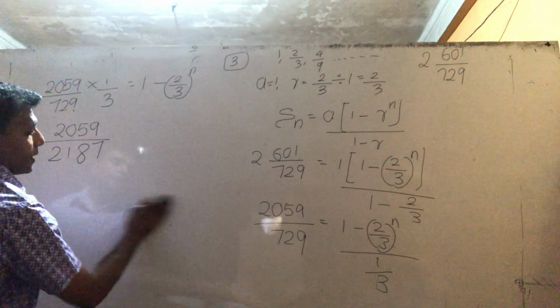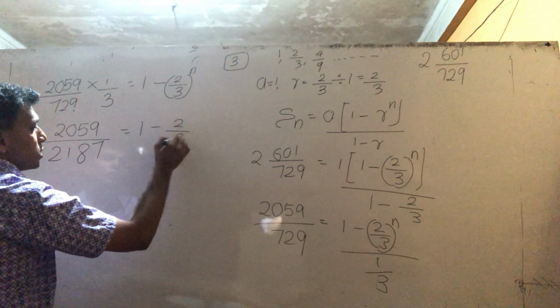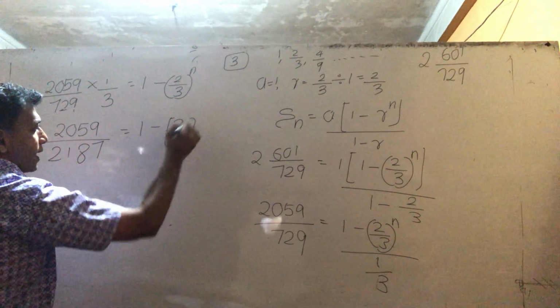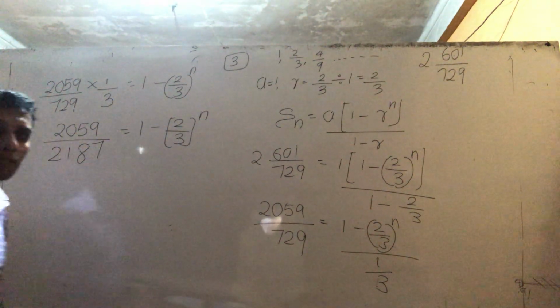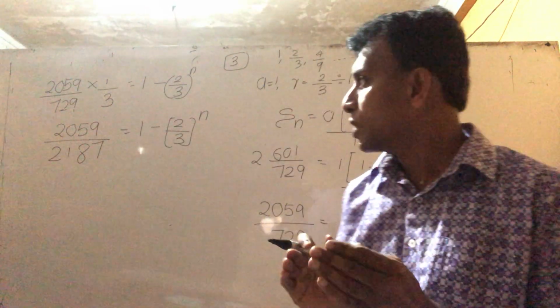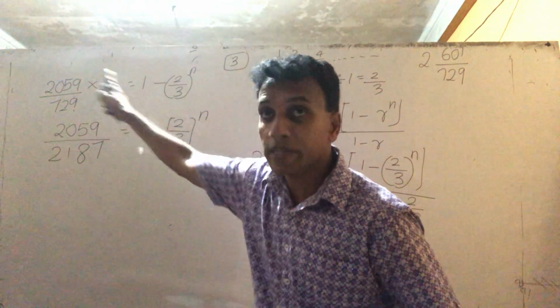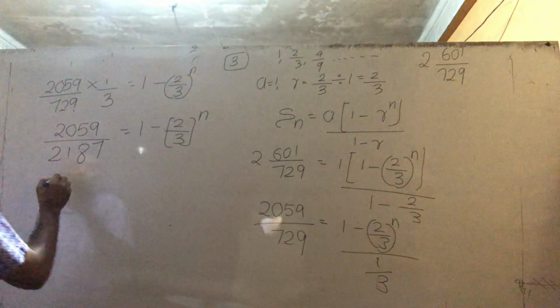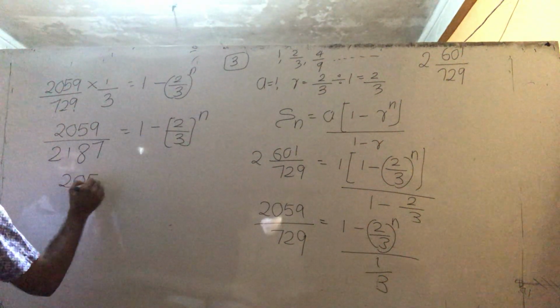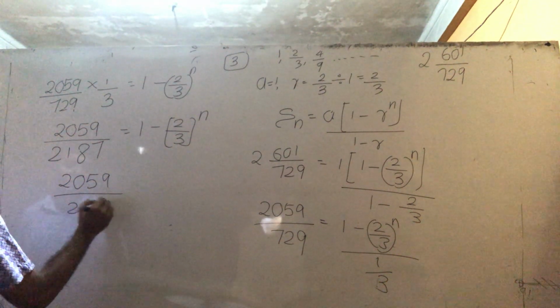Okay, and here what happened? 1 minus 2/3 completely power n. See, very important question. So many mistakes happen if you work on your own. Hereafter, take this one that side. 2059 over 2187.